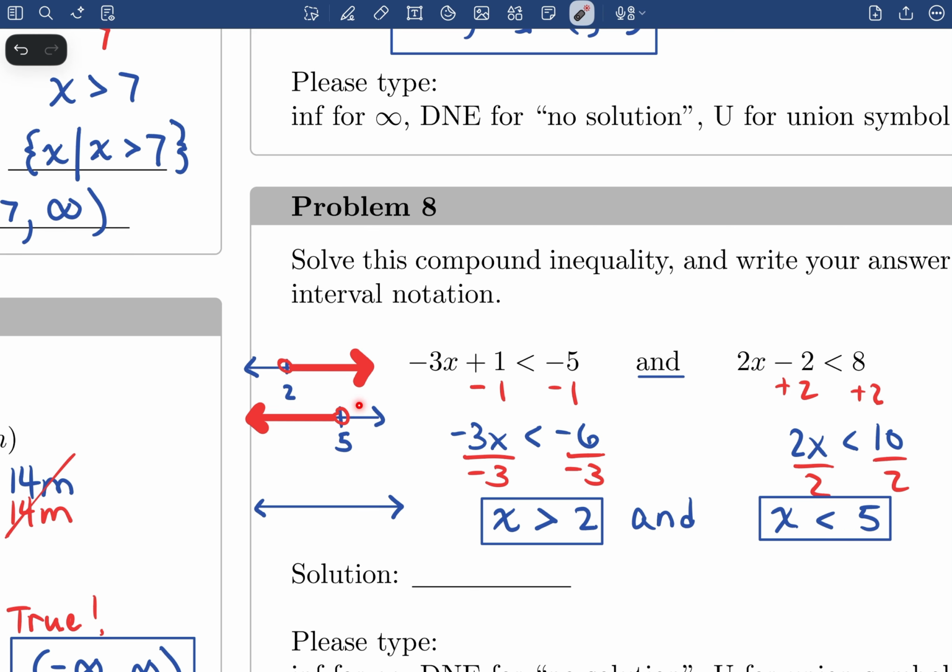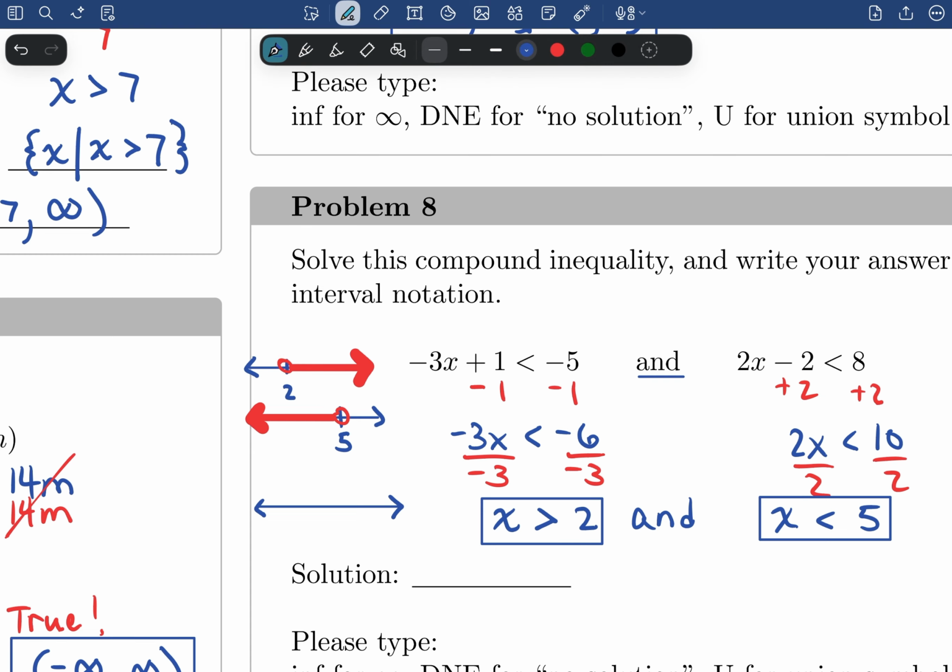So this part is not shaded over here. This part is not shaded here, right? So the only section where the shaded regions are stacked on top of each other is between 2 and 5. I'm going to put my lower value on the left, my bigger value on the right, and I had open dots in both of those cases, and I'm going to shade the region in between them.